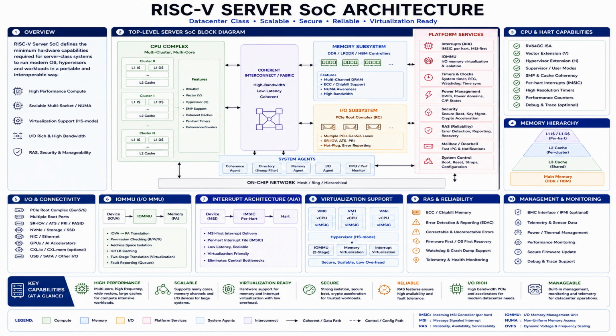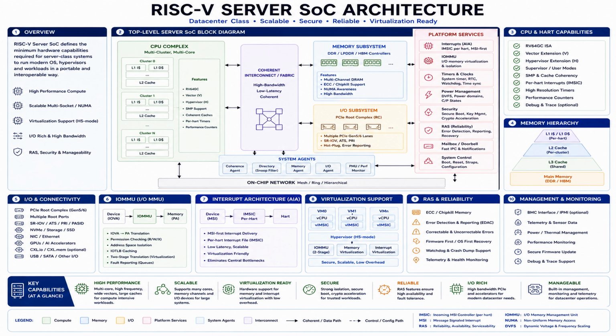Section 4 shows the memory hierarchy of caches and memory modules. Typically, server SoCs have L1 caches for instruction and data, L2 caches per cluster, L3 caches that are shared across cores, and a main memory module, which could be either DDR or HBM.